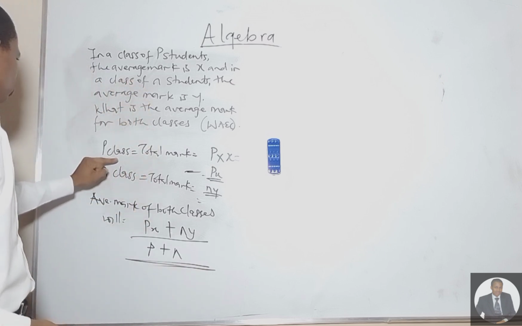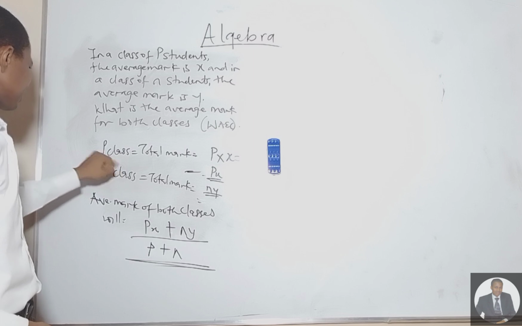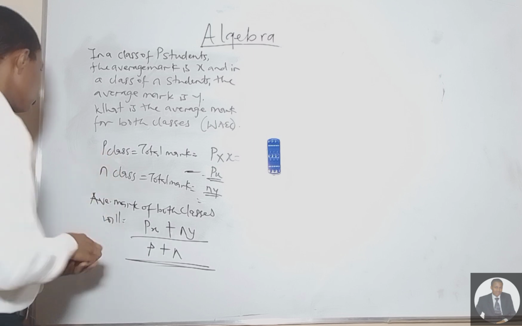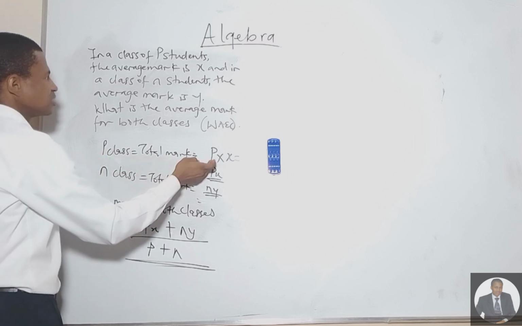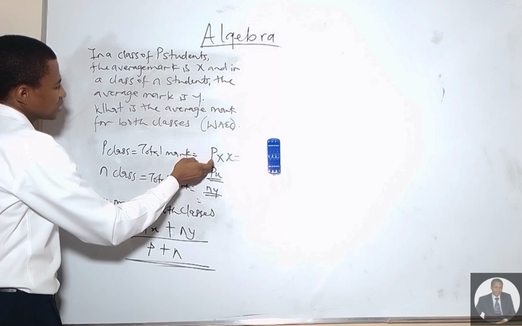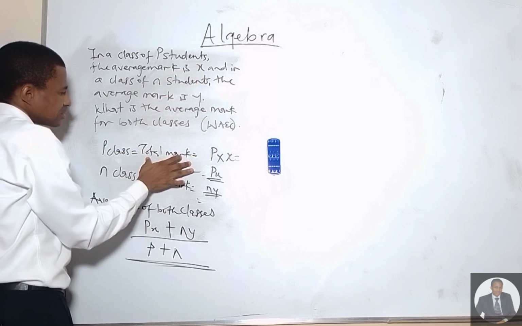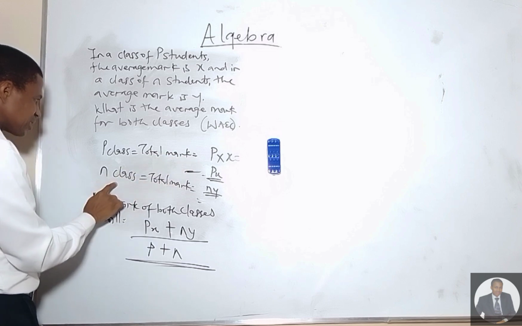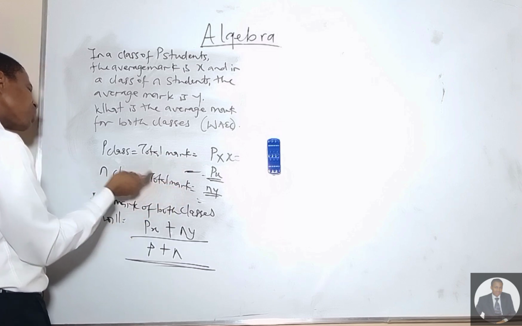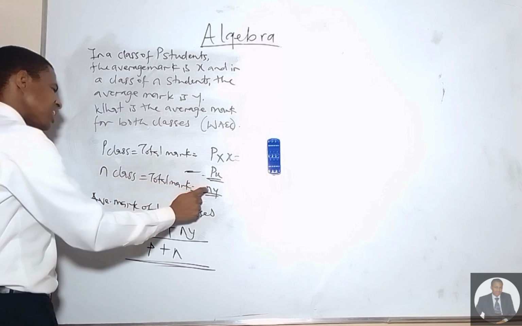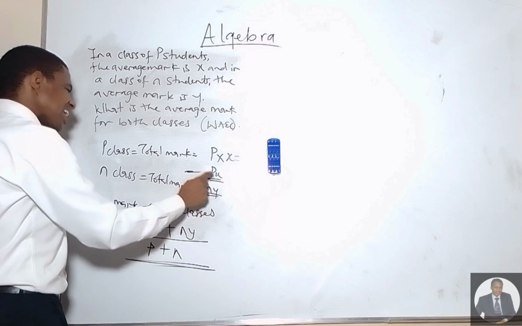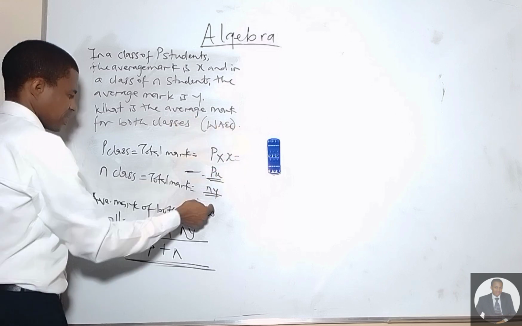The total mark in P class will be P, the total number of students, times their average mark. That will give us the total mark. In N class, the total mark will be the total number of students in N class, N, times Y, that is NY.